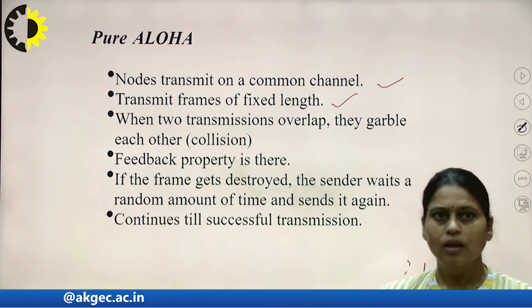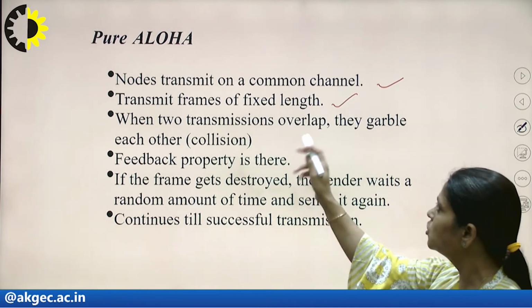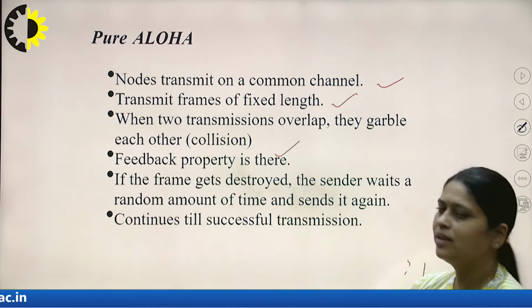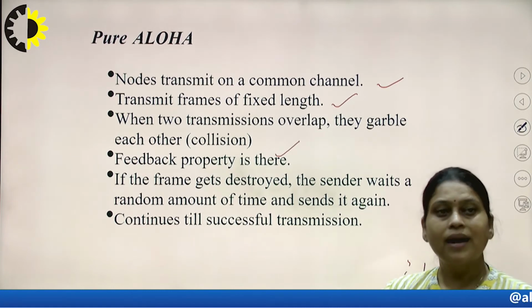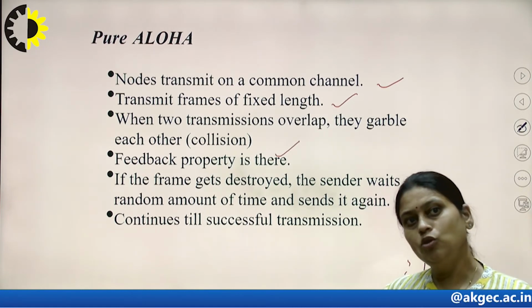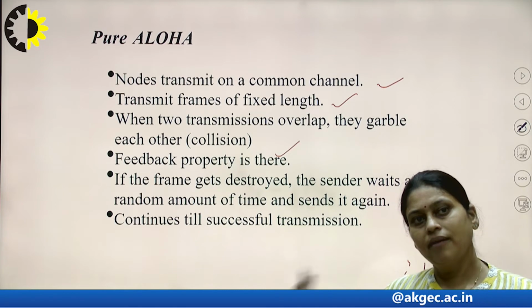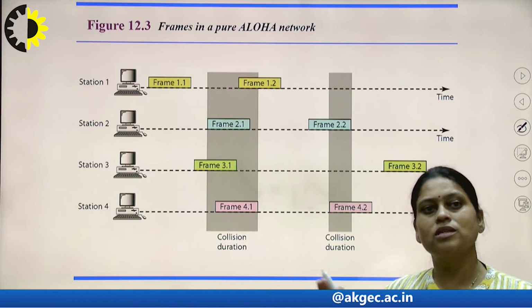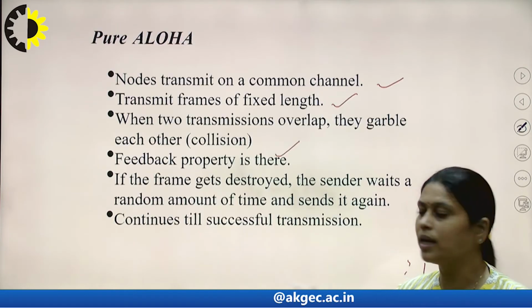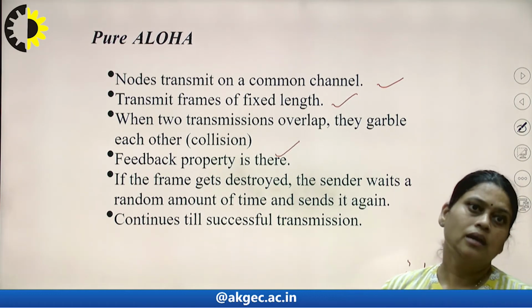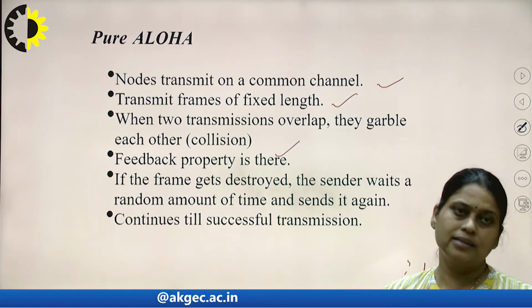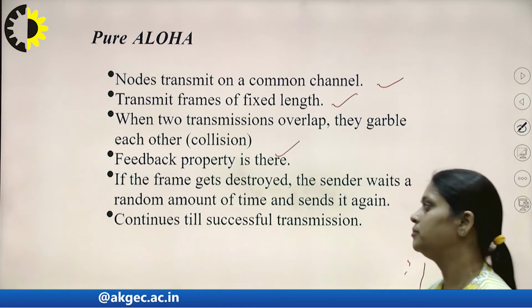When two transmissions overlap, there will be a collision. Why is there a collision? Because no one can check. Every station is responsible for sending data without knowing whether the channel is idle or not.